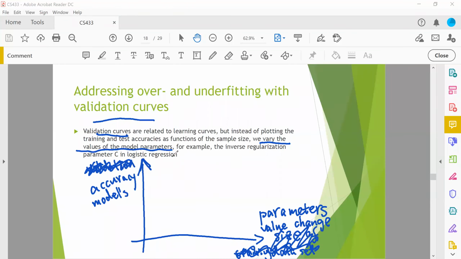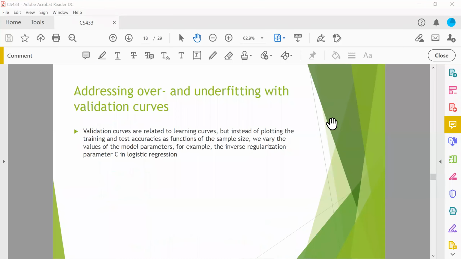I'm sorry, I got that concept wrong. That's the learning curve. For the validation curve, you vary the value of the model parameter, for example C. You can pick different C values, get the accuracy, and then we can analyze. So that's about the validation curve.